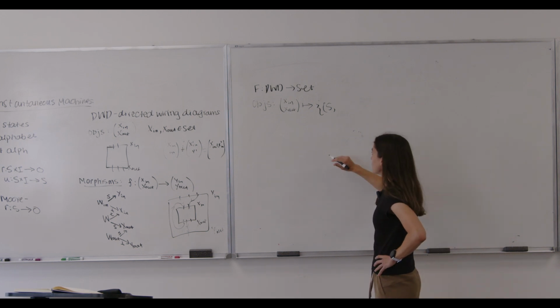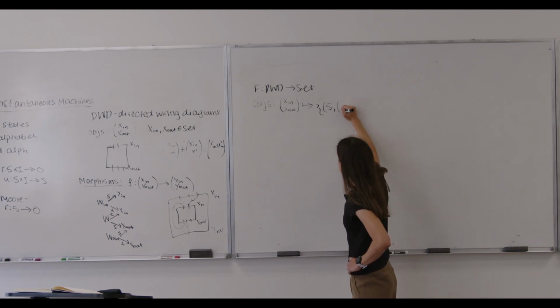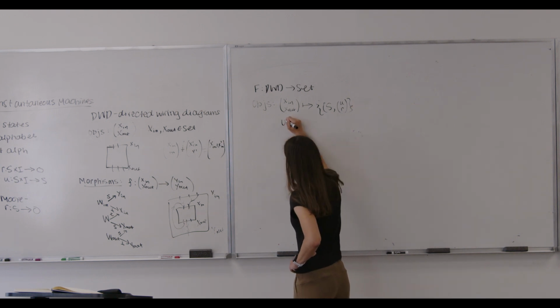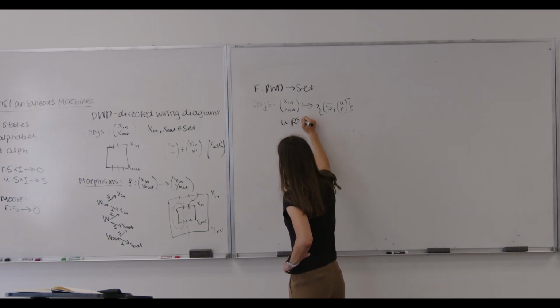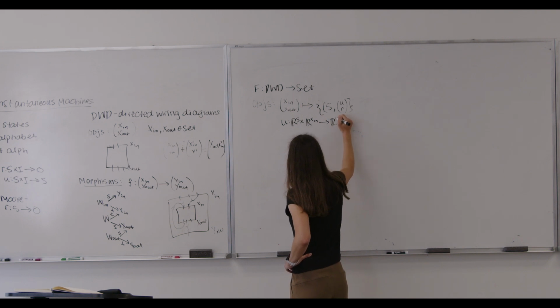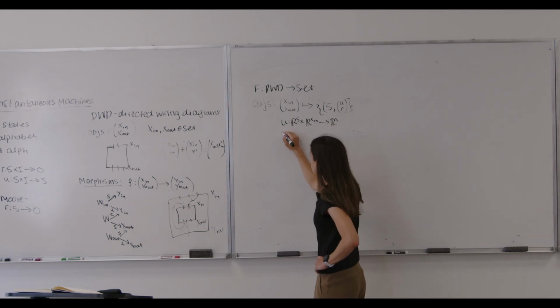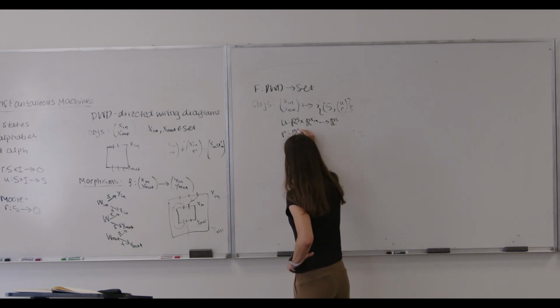Okay, and so this will get a set of states S, and it'll give a U and an R. In this case, the U goes from RS cross RX in to RS, and the R goes from RS to RX out.